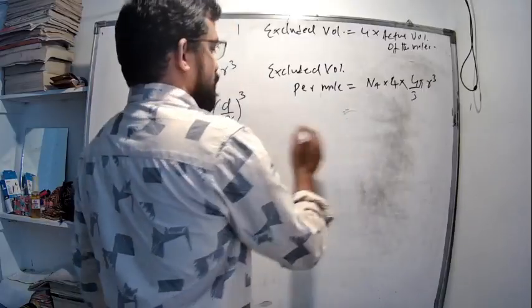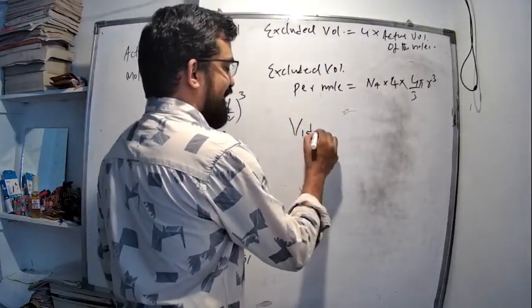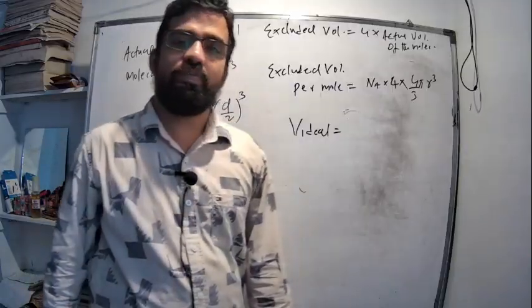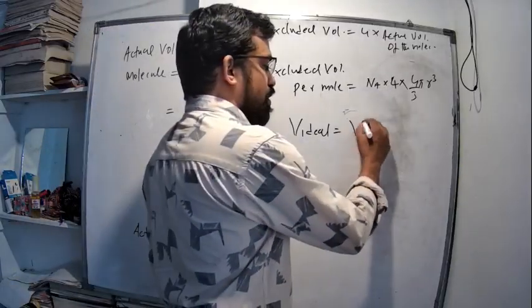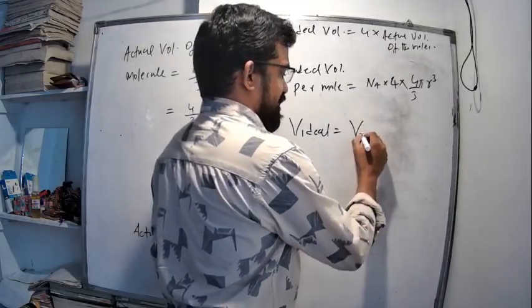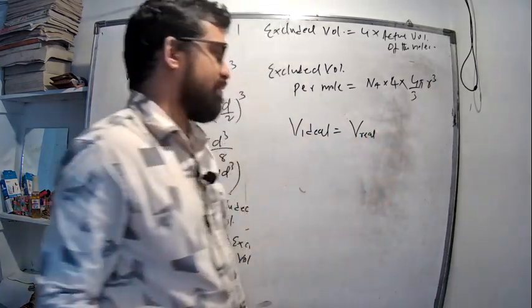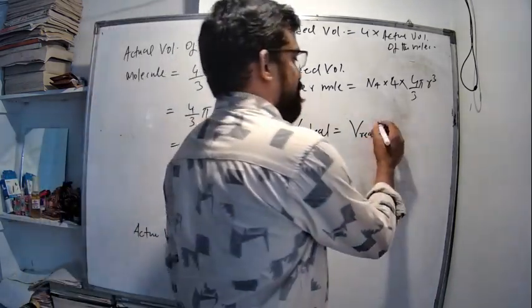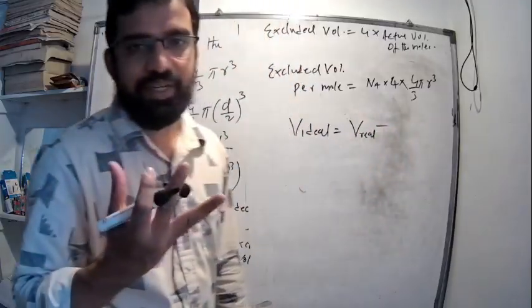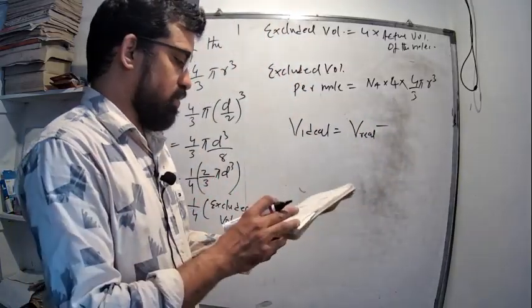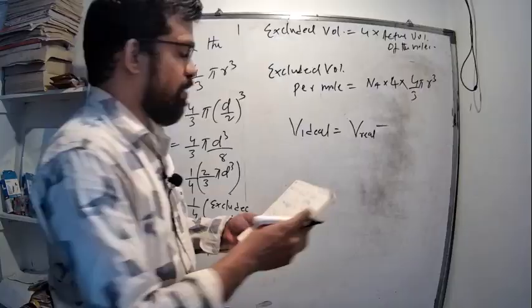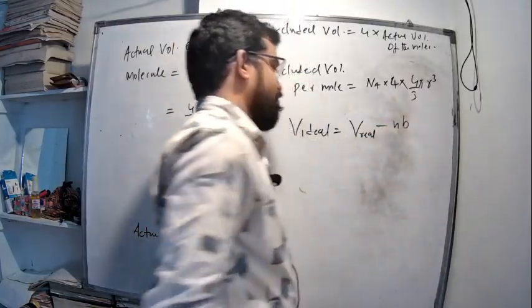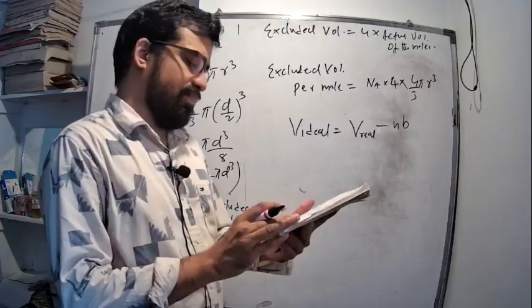the V ideal in the ideal gas equation should be replaced by V real, that is the volume of the container, okay. So minus nb, okay.